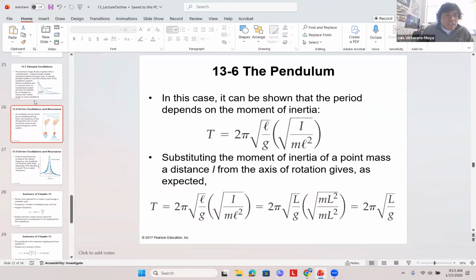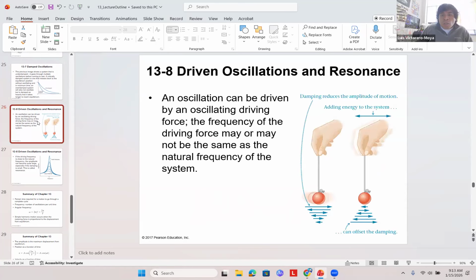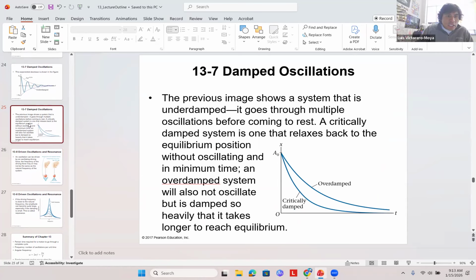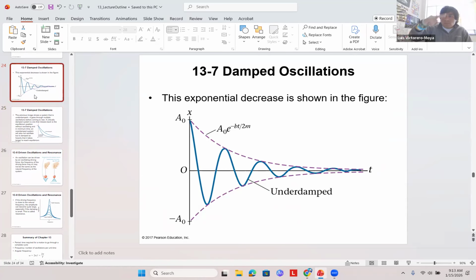For damped oscillations, the only thing I want you to know is that this happens when there is a dragging force acting on the mass and it's making the oscillations stop. So you have a situation like this, where the amplitude is decreasing by a factor of e to the negative bt over 2m, where b is the drag coefficient.